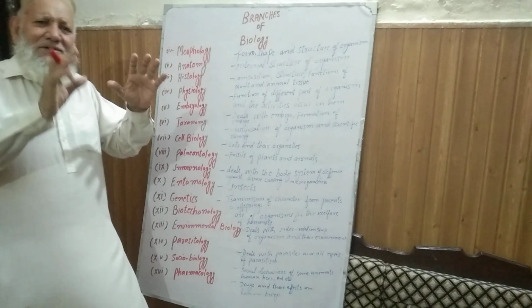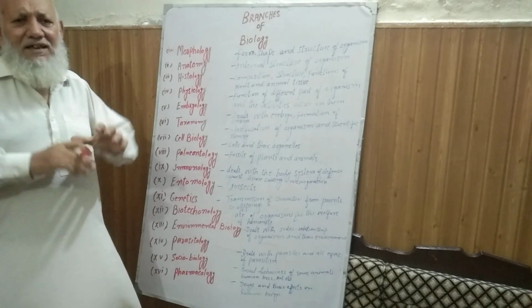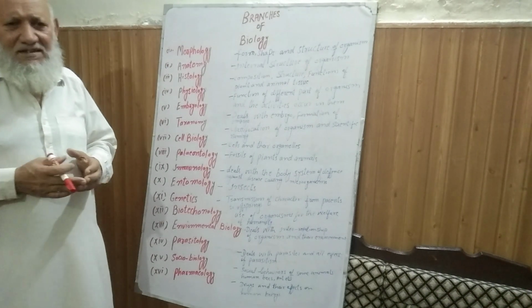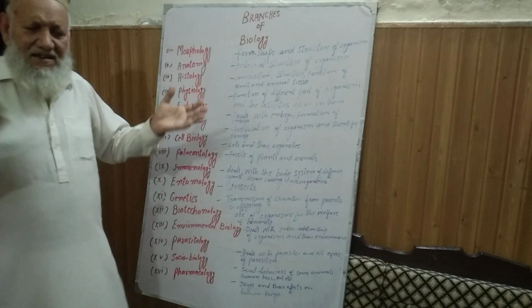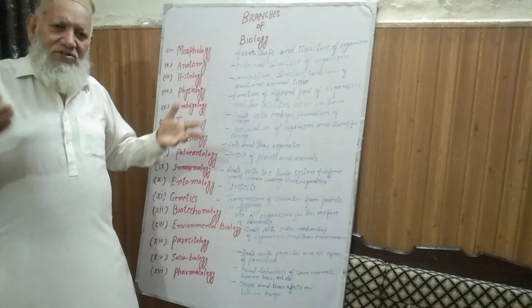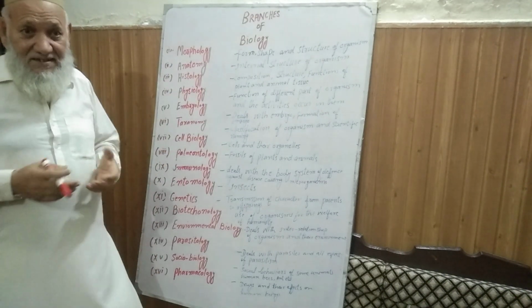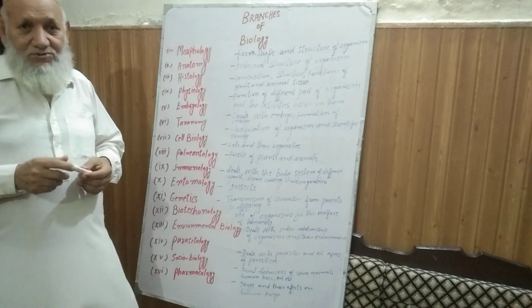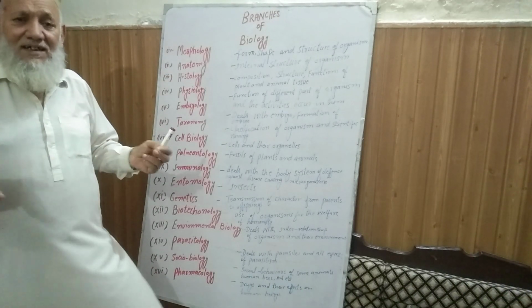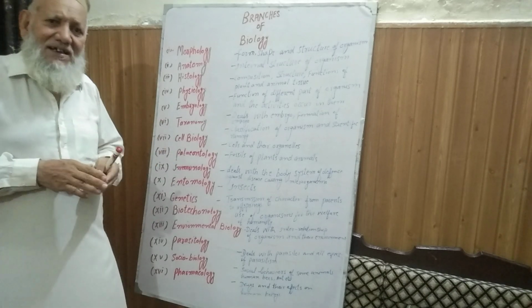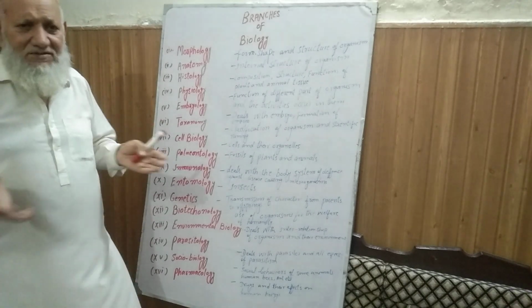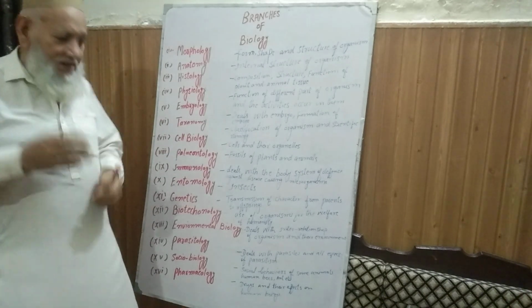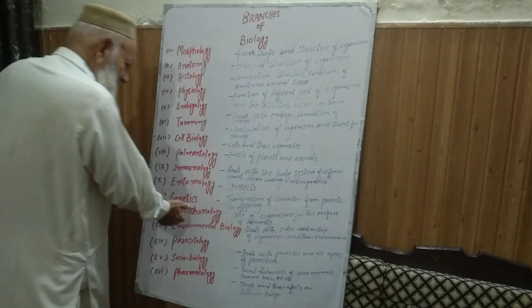So if there are living organisms, plants, soil, stones and other things surrounding a plant or animal, this is called the environment. They interact with one another. Sometimes the interaction is positive, sometimes negative. This type of study is called environmental biology.